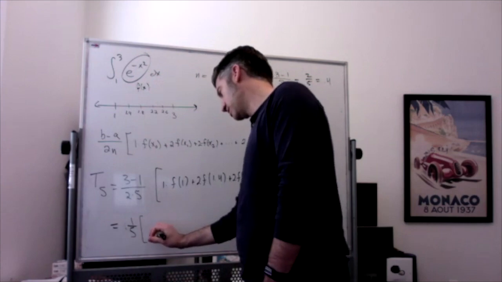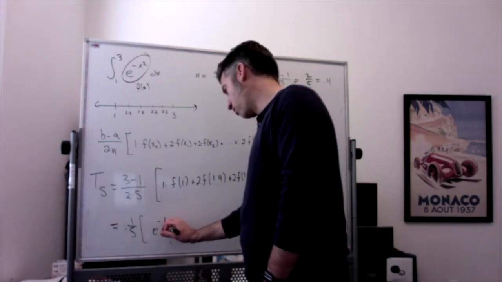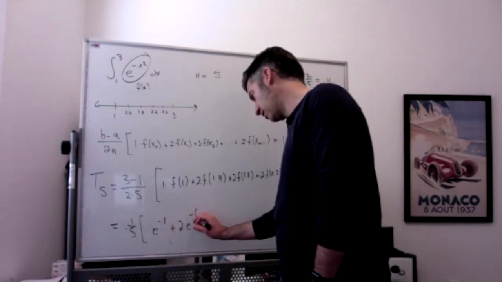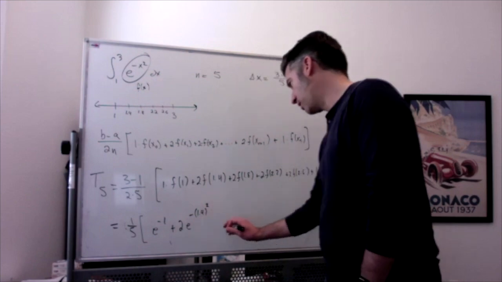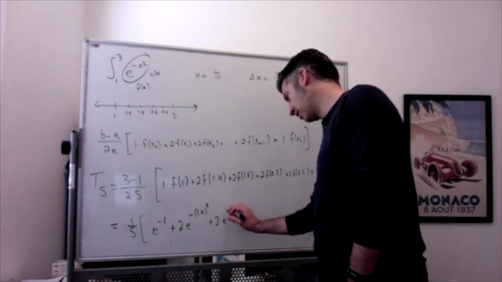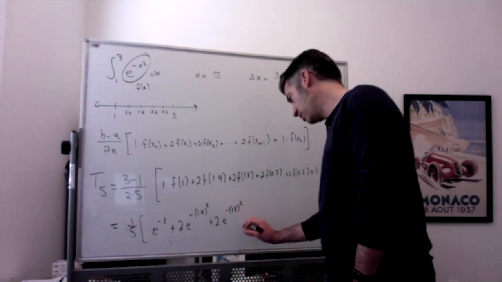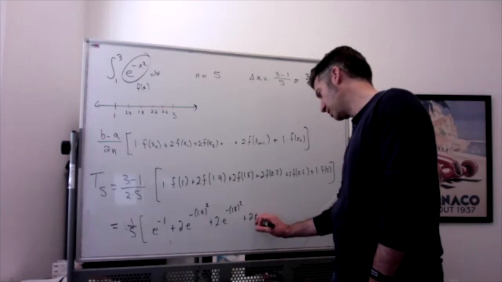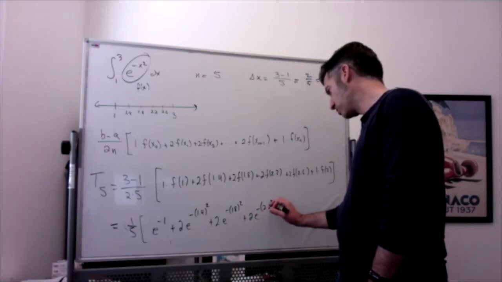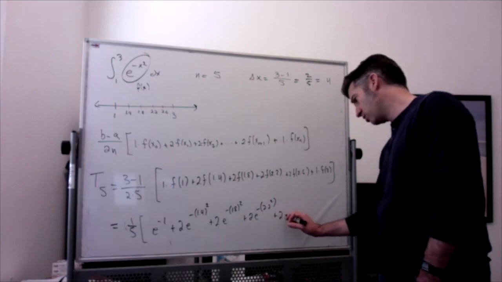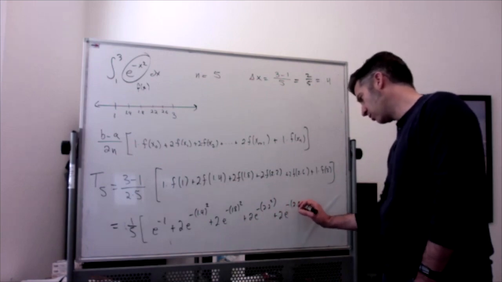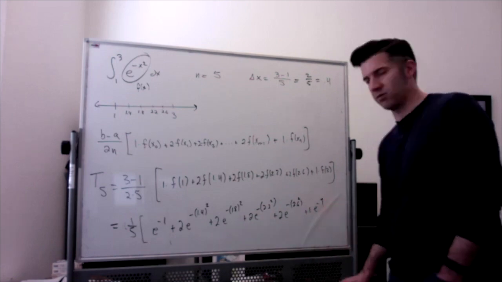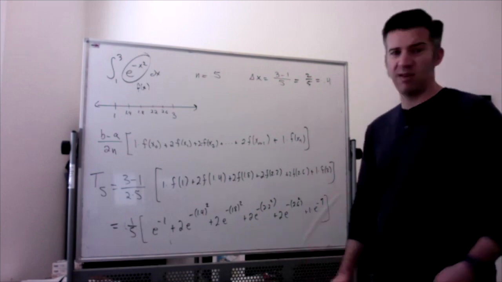So I should really write this as e to the negative 1, because 1 squared is 1, plus 2 times e to the negative 1.4 squared, plus 2 times e to the negative 1.8 squared, plus 2 times e to the negative 2.2 squared, plus 2 times e to the negative 2.6 squared, plus 1 times e to the negative 9, because 3 squared is 9. But that's it. That's all it wants us to do.